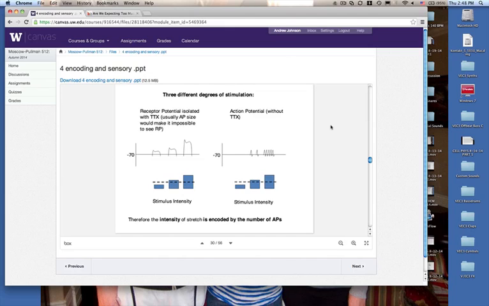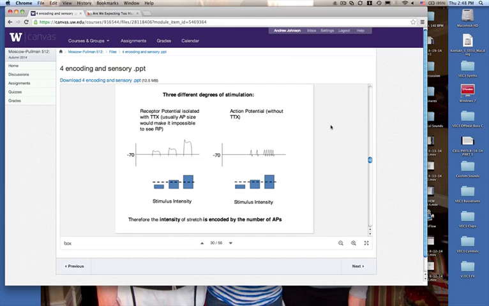You might not reach threshold here. If you have a medium-sized stimulus, you're going to peak up and then plateau, and then a similar plot with a larger stimulus. So in this case, we're blocking action potentials with tetrodotoxin. So in all 3 cases, the duration of the stretch is the same.